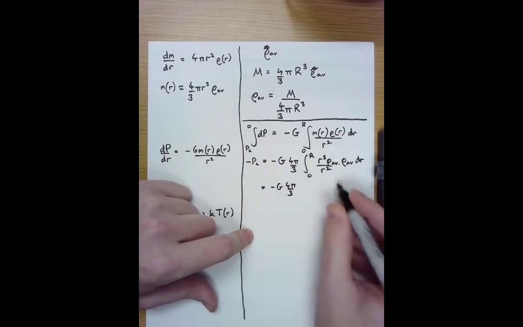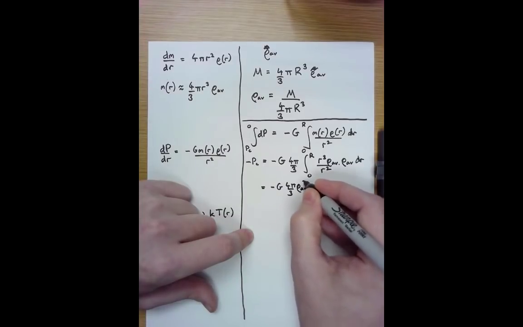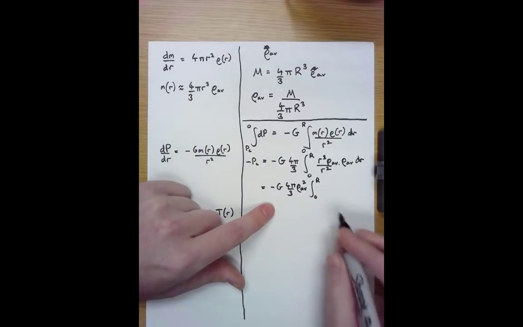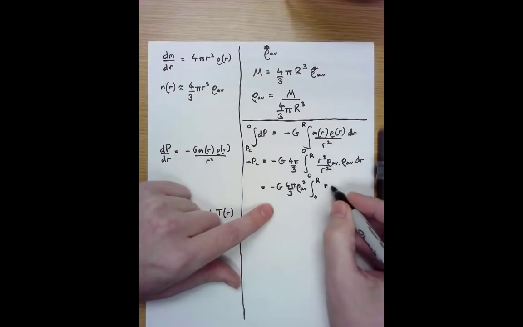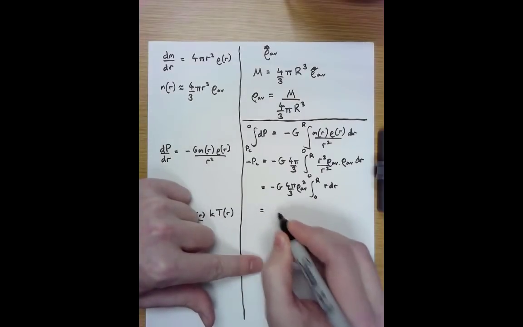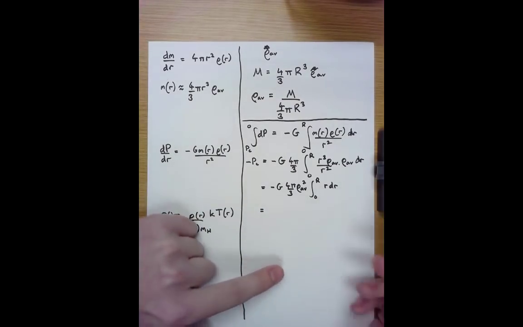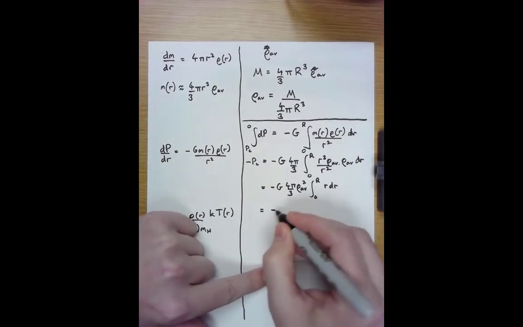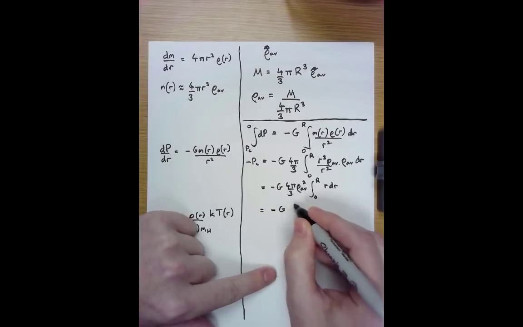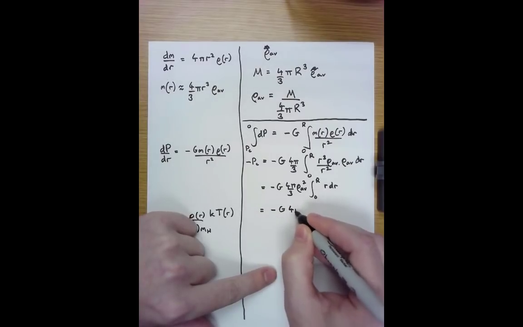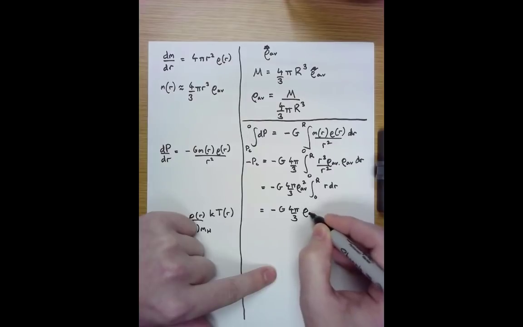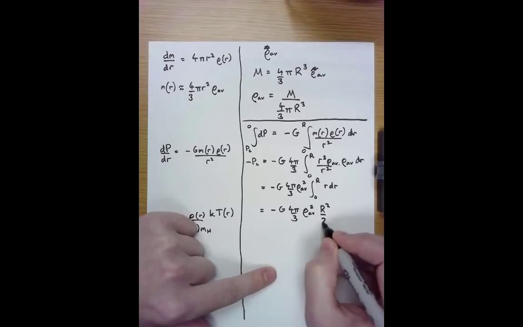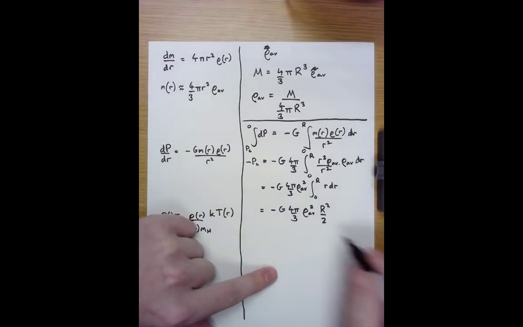Pulling the constant rho averages out, we get 4/3 pi rho average squared on the outside, and then the integral from 0 to R of r cubed over r squared is r dr. Integrating r, that integrates to r squared divided by 2. So we get 4/3 pi rho average squared times big R squared over 2, which is what this integral ends up being.